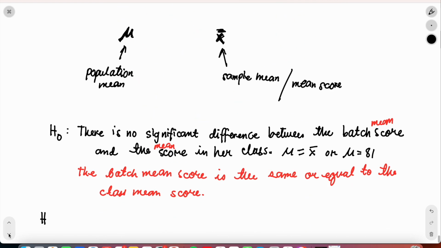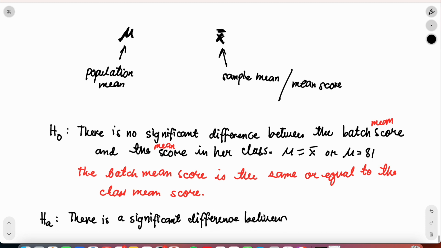So we just assume that our alternative hypothesis is there is a significant difference between the batch mean score and the class mean score.